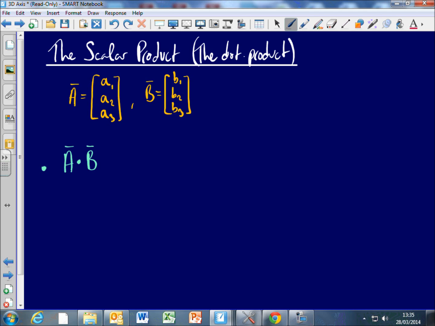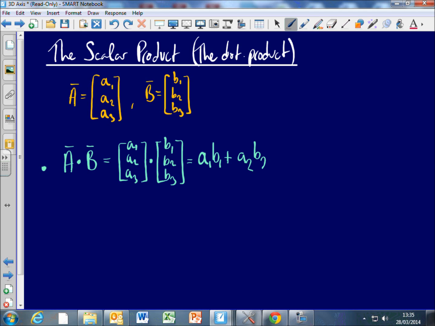And the first way we can do it is we can say that A dotted with B is the same as me saying it like this: A1, A2, A3 dotted with B1, B2, B3 is just this: A1 times B1 plus A2 times B2 plus A3 times B3.